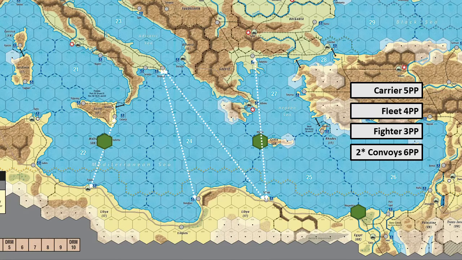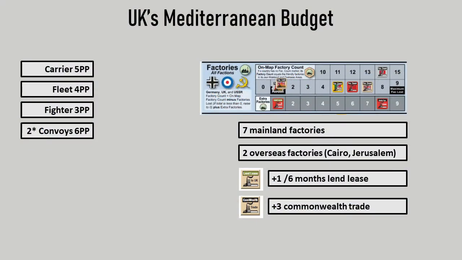And they will also need convoys, both convoys to run their own troops down in Egypt, a convoy at Suez, but also a convoy to run that fighter that is screening for the carrier or the fleet. That's 18 points.